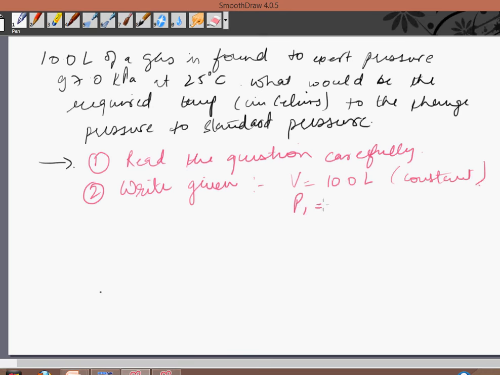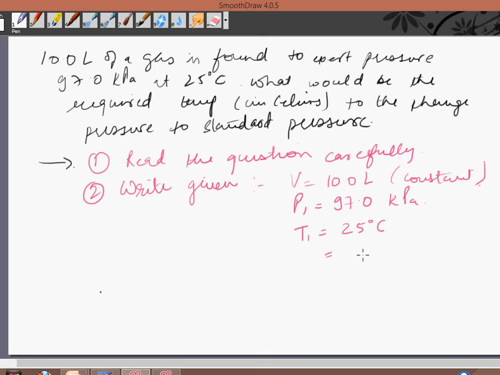What is given? The initial pressure has been given. Also write the units simultaneously. It is given the first temperature, that is 25 degrees centigrade. As I have told you, in every numerical in these gas laws, you have to convert the temperature into Kelvin. It has to be in Kelvin.